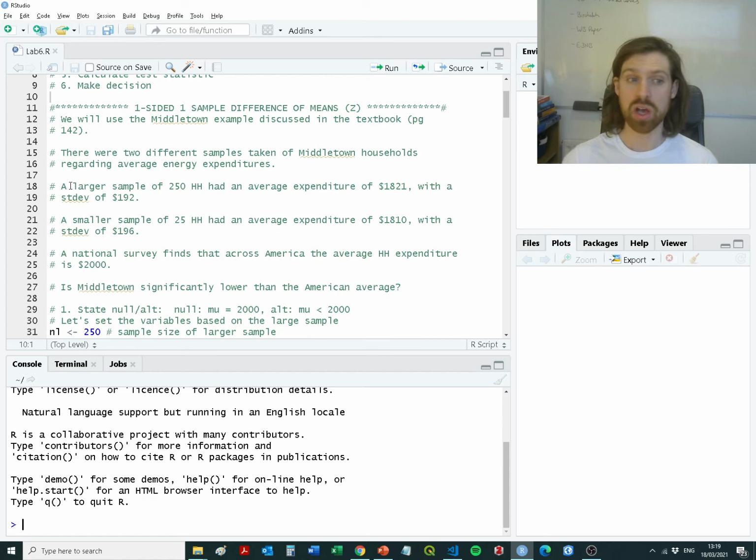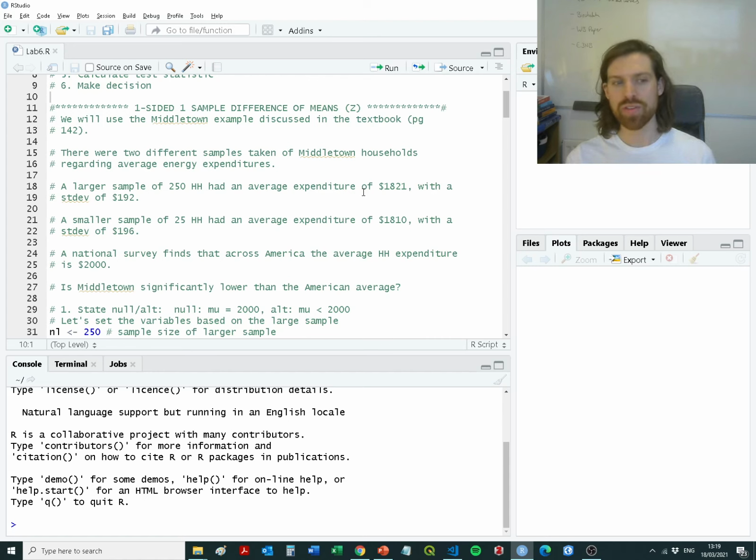So we have a first sample, the largest sample of 250 households, which had an average energy expenditure of $1,821 with a standard deviation of $192. Okay, and then we have a second sample, and that second sample actually only has 25 households within it. That sample has an average energy expenditure of $1,810 with a standard deviation of $196.